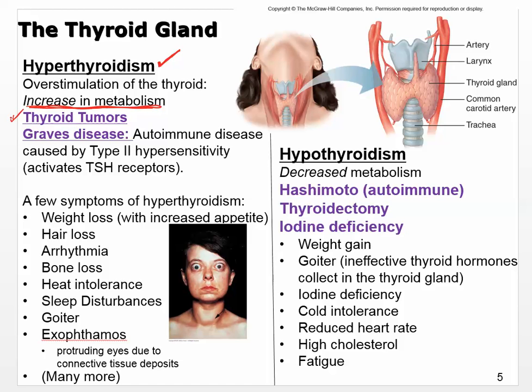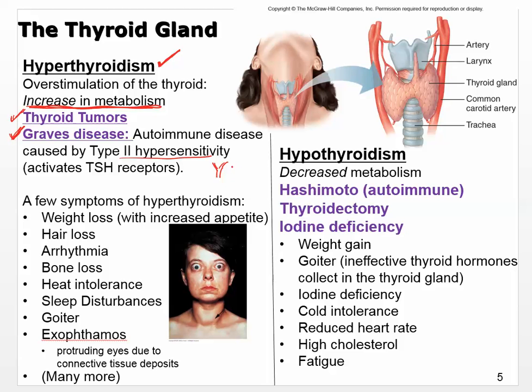Now this can come from thyroid tumors, which could cause it to be overactive. And then there's Graves' disease. Okay, so Graves' disease is an autoimmune disease. We already talked about this a little bit. It's a type 2 hypersensitivity, essentially, where you're making these antibodies, and these antibodies are stimulating the thyroid.